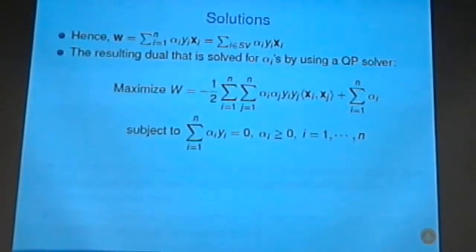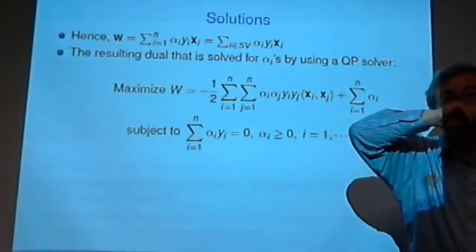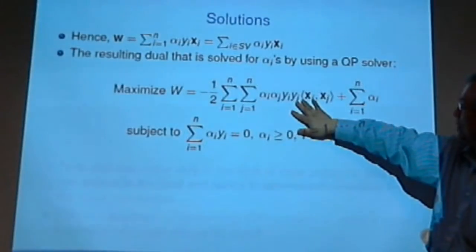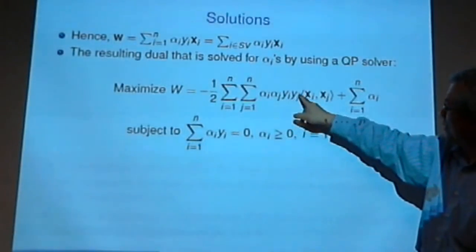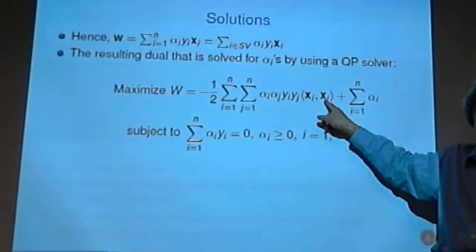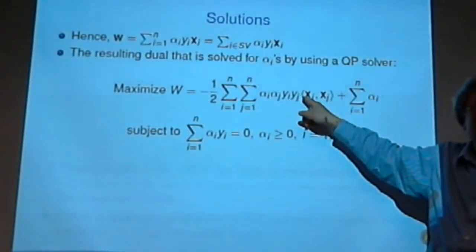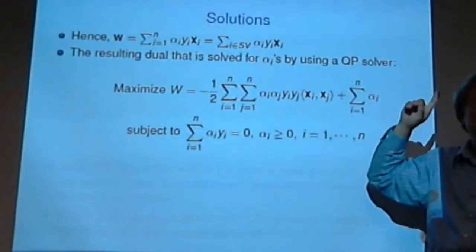So basically, the resulting dual problem is to solve for alpha i's by using a quadratic programming solver on this objective function, where you have alpha i, alpha j, yi, yj times the inner product of xi, xj. You can see that the objective function depends on the feature vectors only through the inner products. This is a very important feature.